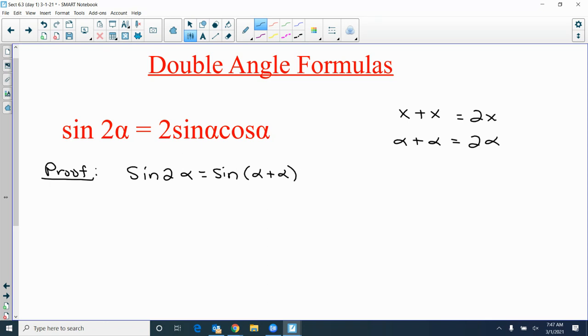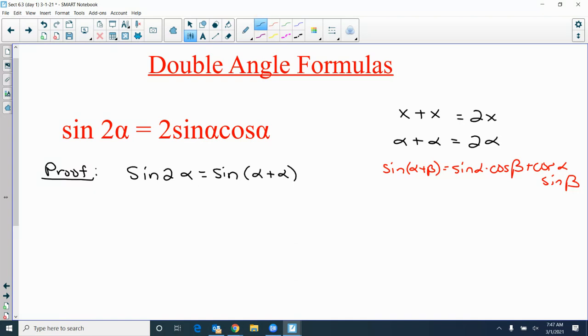This is just explaining where it's coming from. We can use the sine of alpha plus beta, which is sine alpha cosine beta plus cosine alpha sine beta. That formula. Instead of using alpha and beta, we're going to use alpha and alpha.